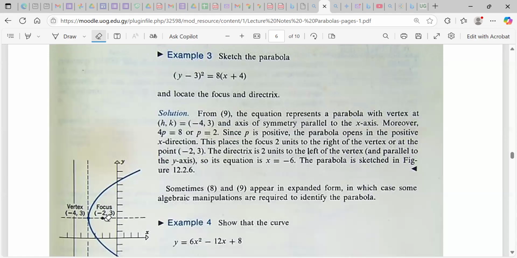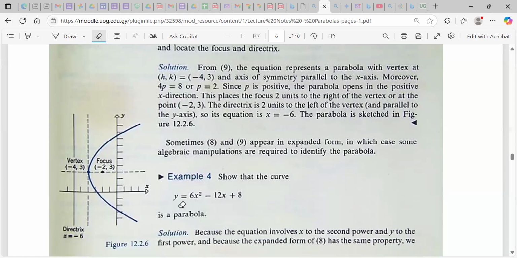You can do some other things. You know where the vertex is, the focus, and the directrix. You can actually know where it cuts the y-axis. Don't ask me how to do that; you should know that from your basic analytic geometry and even CXC knowledge.